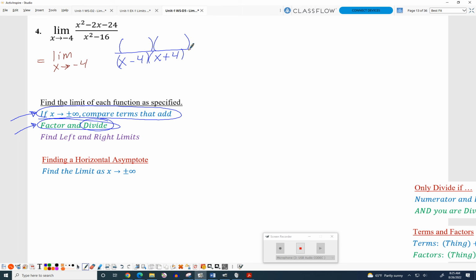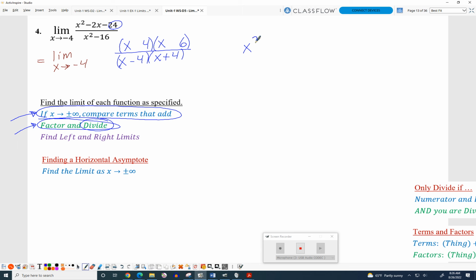I start here, 24. That's 6 times 4. There's an x here and there's an x here. All I have to do now is figure out the plus and the minus. I can do it in my head, but just so you can see how I'm thinking, I've got x times x, so we just write this off to the side.